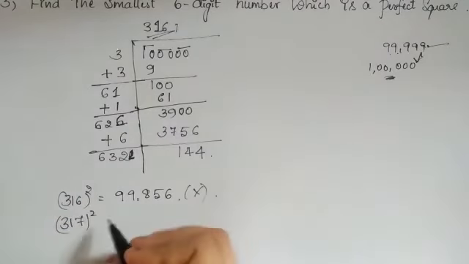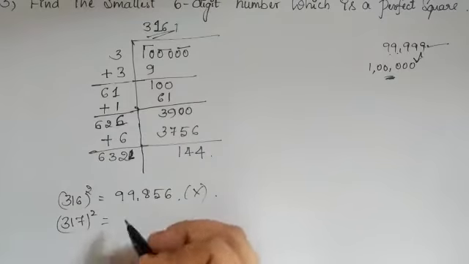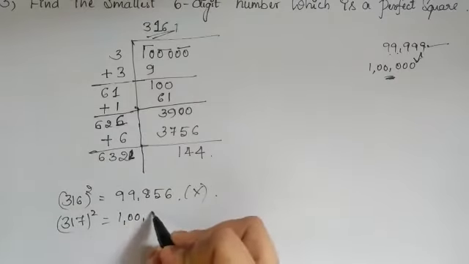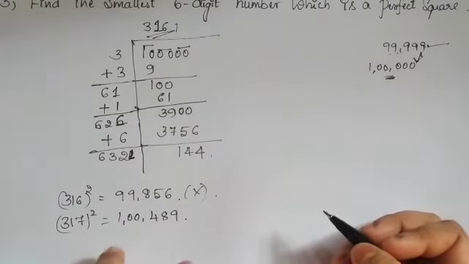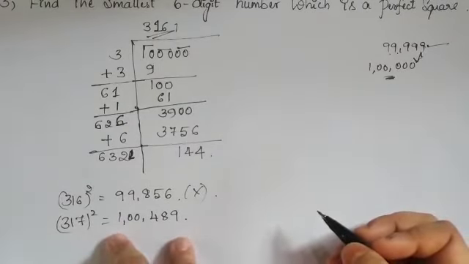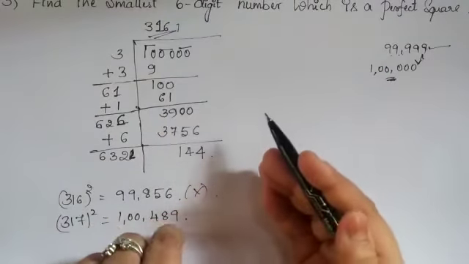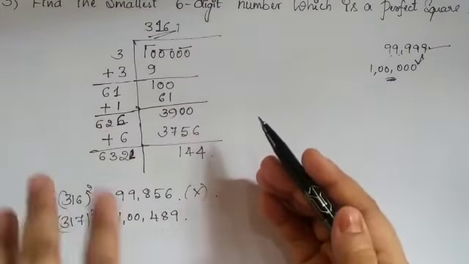So the next number I am considering is 317 squared. 317 into 317, if I do it, I'll get 100,489. Okay, so now what I can say is, 1 lakh is not the smallest perfect square number, because it is the smallest 6-digit number but not a perfect square number.